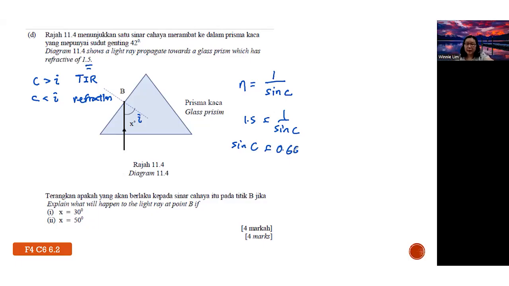But I don't want sine C, I want C, the critical angle. So you shift sine, and you will get about 41.81 degrees.